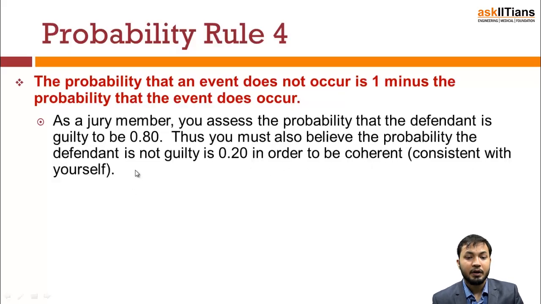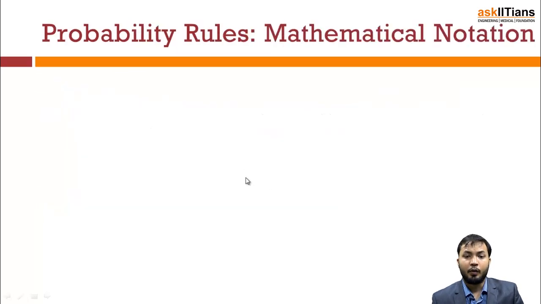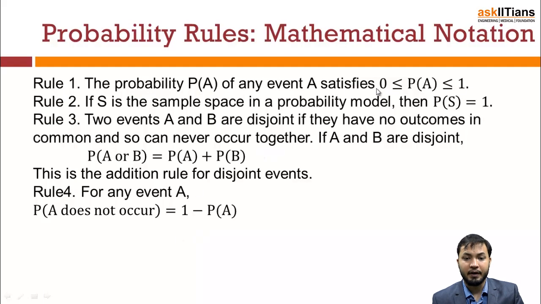Now, if the probability that a flight will be on time is 70%, then the probability that it will be late is 30%. So these are the cases. Basically they are mutually exclusive with respect to happening and not happening. Now the mathematical notations for probability I have already defined. Rule 1 says that the probability is from 0 to 1.